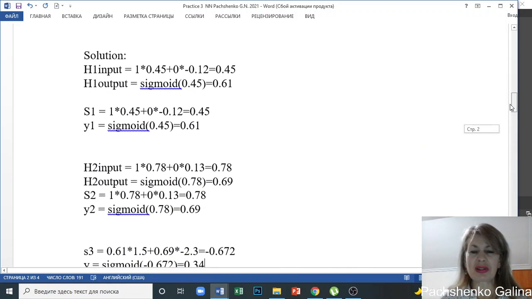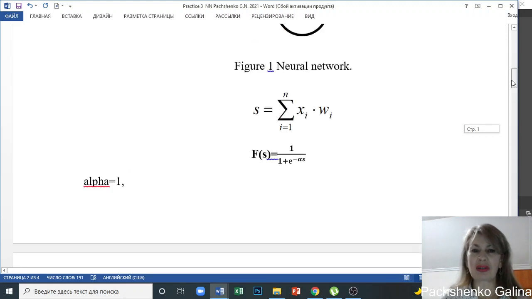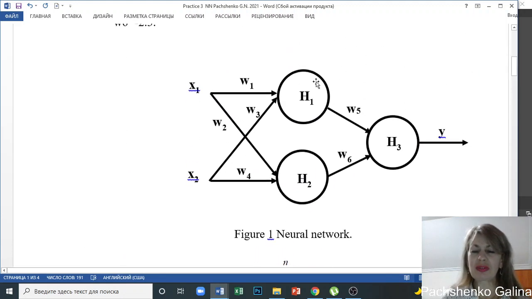And now let's consider our first part, how to find the output of neuron 1. Okay, first we calculate our sum function for neuron 1. It will be x1 multiplied by w1 plus x2 multiplied by w3 here.